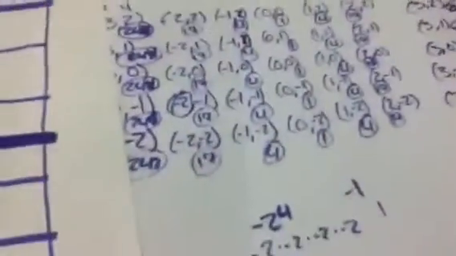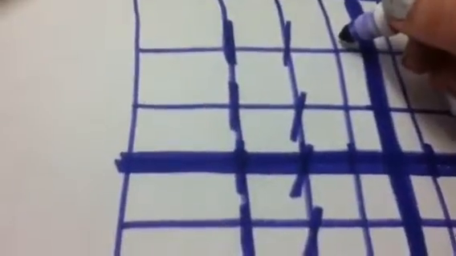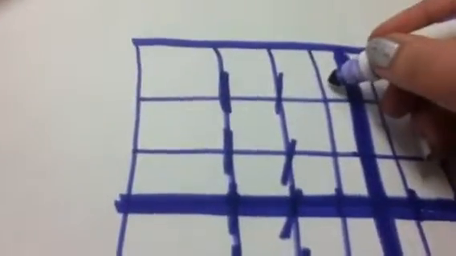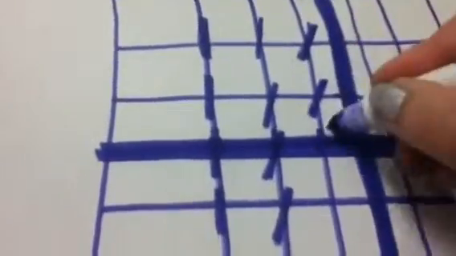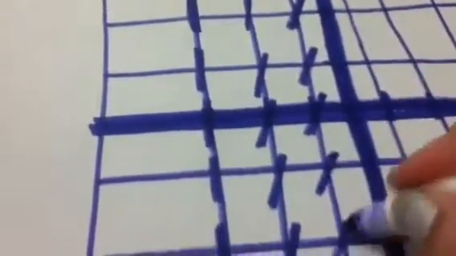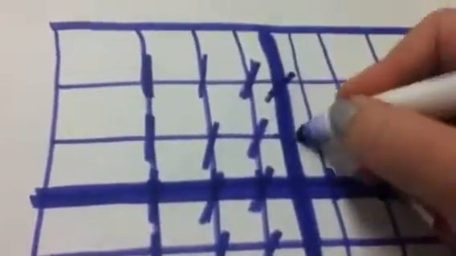And then there's 4 on the next row. 4 is still a positive slope, but a little less intense. And then we have 1, so pretty much just like this.